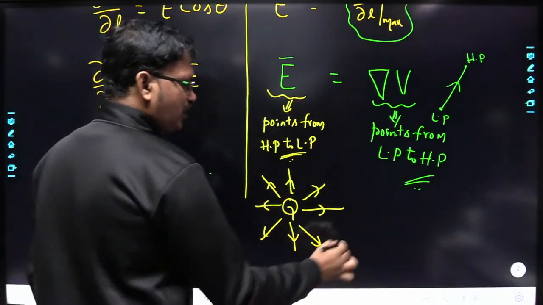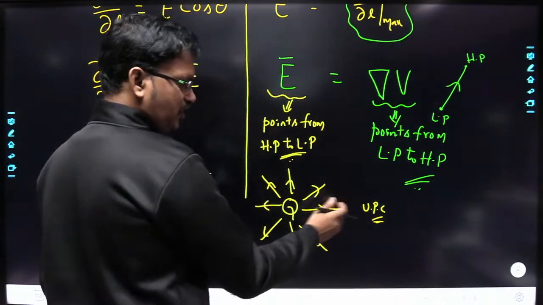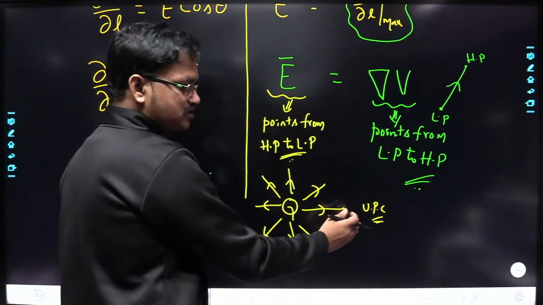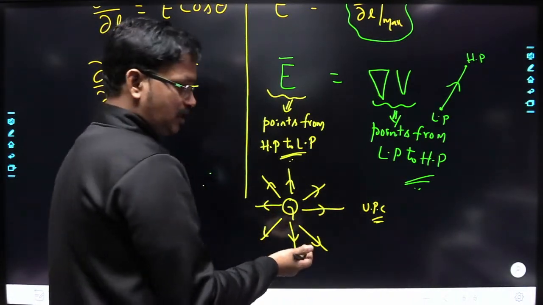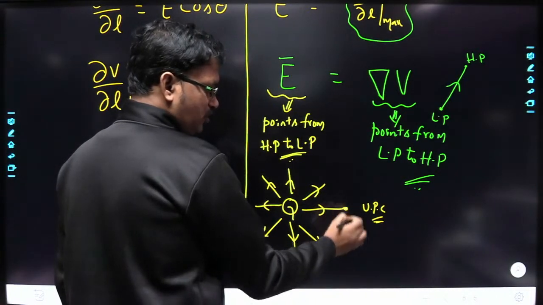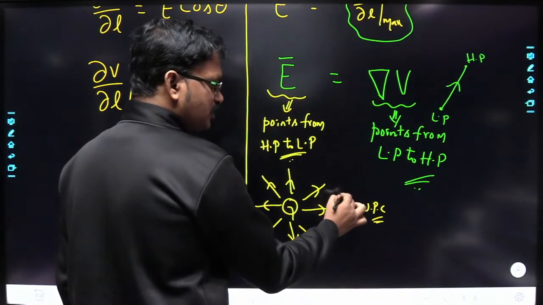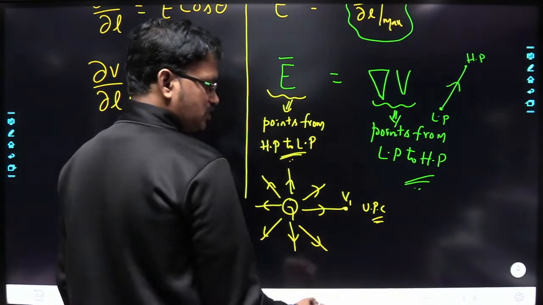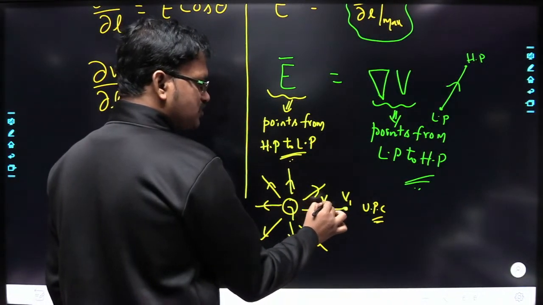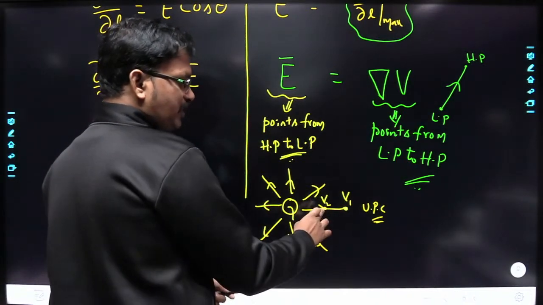If you take any unit positive charge into this field, you have to do work. Whatever work you are doing per unit positive charge will be developed as potential. If you are at this location, you have some potential, let us say V1. If you move from this point to this point, you have some other potential, V2.